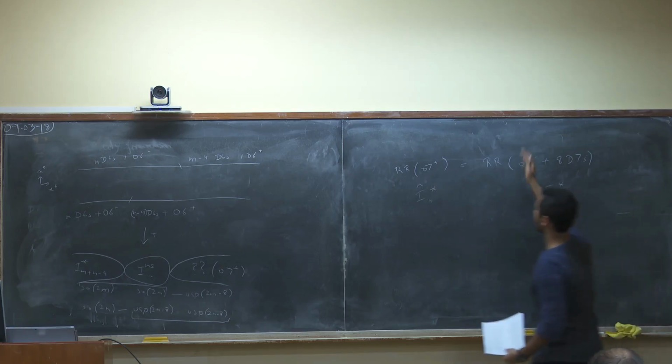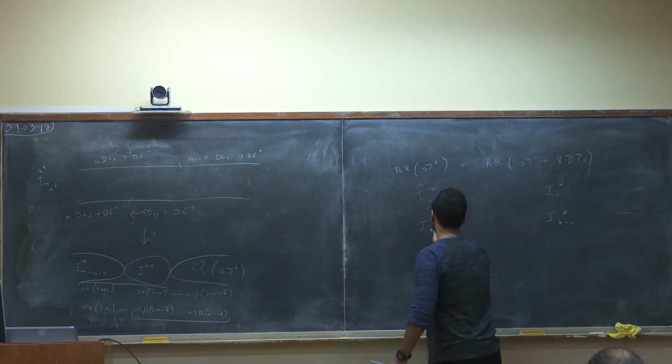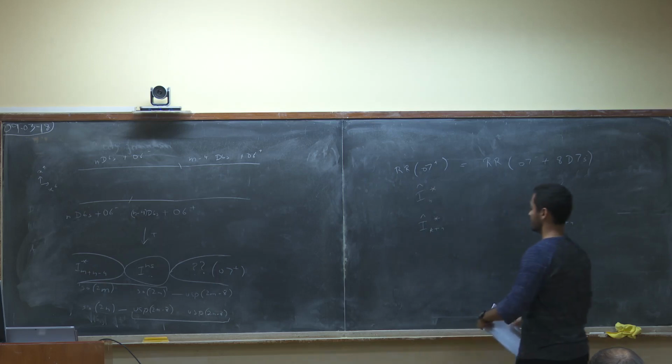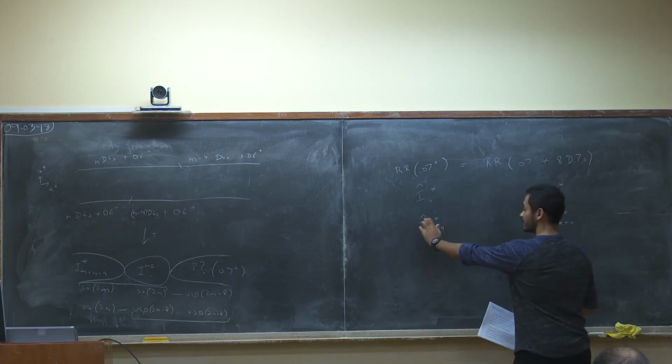Now you can stack some D7s on both sides to make I_{k+4} star, and another version of I_{k+4} star with a hat, with the property that you cannot completely resolve it.